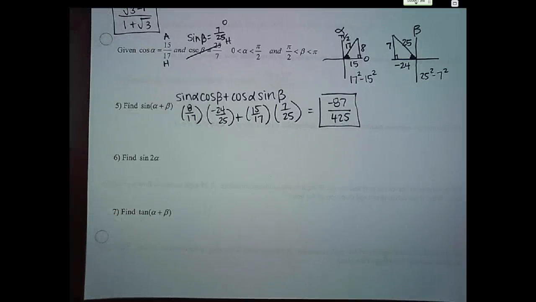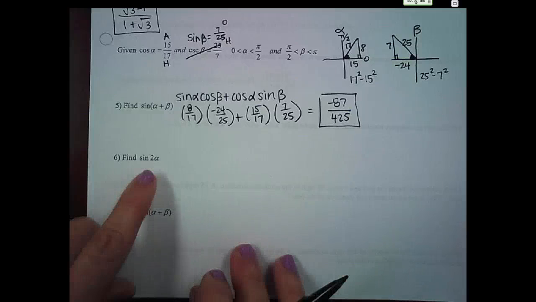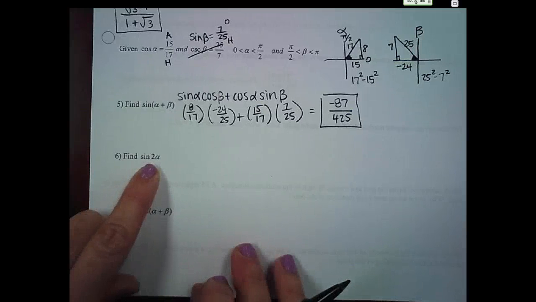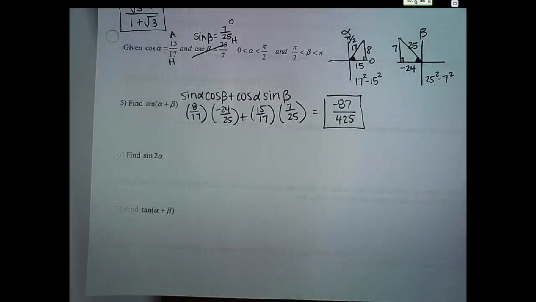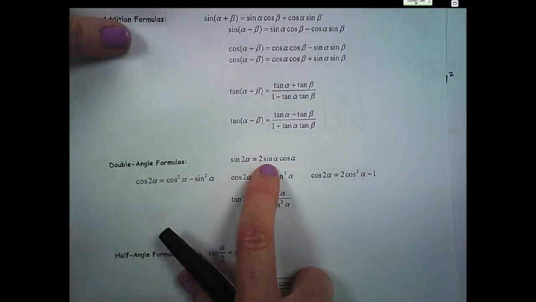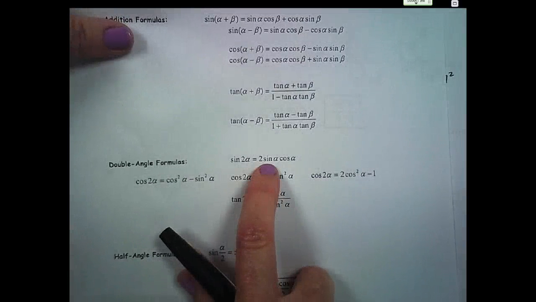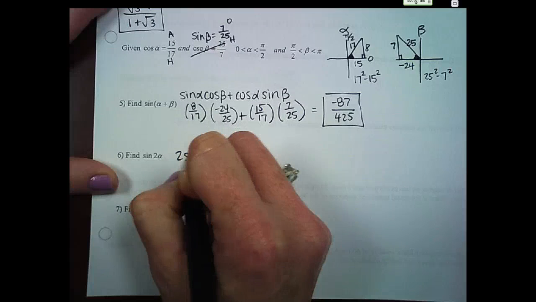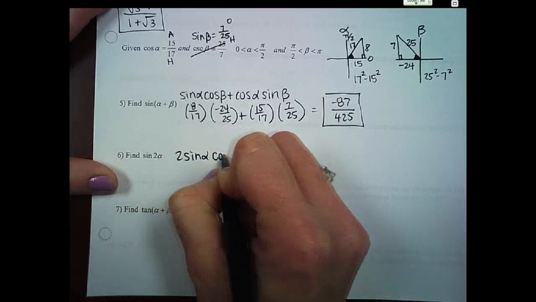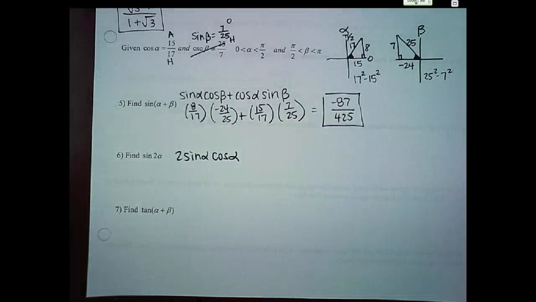Okay, number 6. Number 6 is find sine of 2 alpha. So you're going to get your formula chart out again and find me sine of 2 alpha. Okay, and you'll notice sine of 2 alpha has one equation right here. So 2 sine alpha cosine alpha. So let's write that down. Okay, and fill in the information.